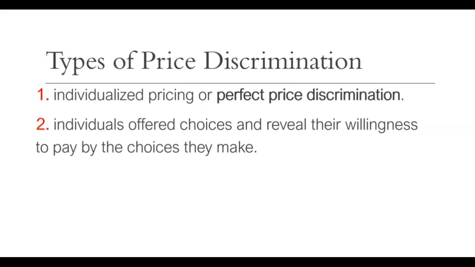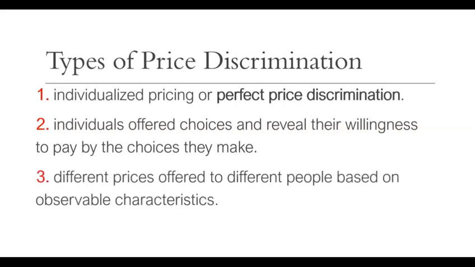On the other hand, it may be that sellers might be able to make some guess about how much people would be willing to pay based on observable characteristics. So you might see that some customers are children, some are old people, some are adults, some might be students, and so on. And so you might be able to offer different prices on that basis.